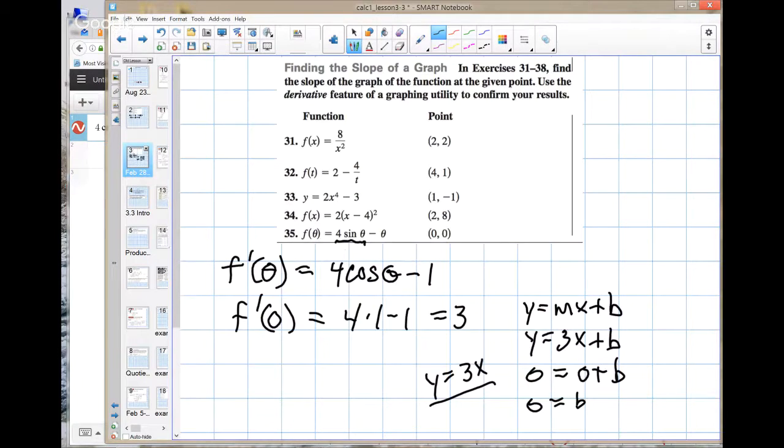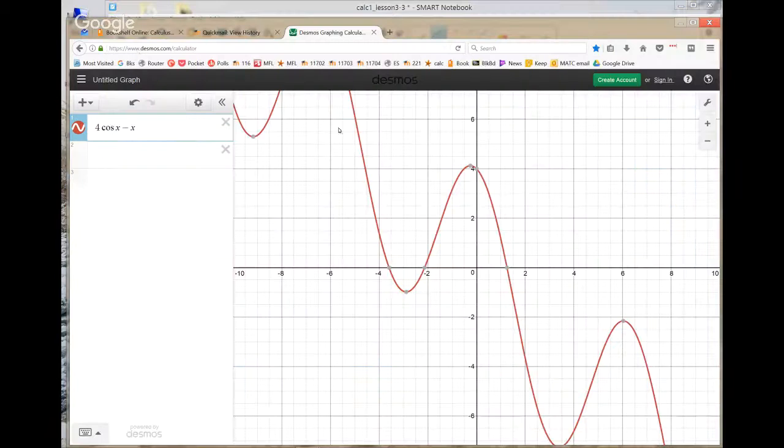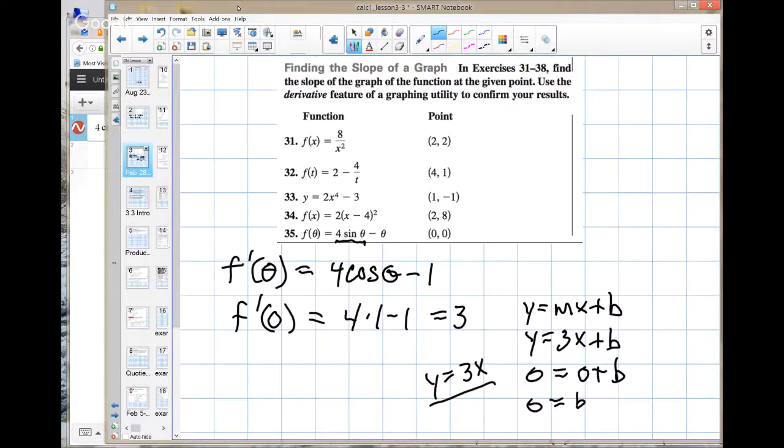But that doesn't seem to match because if we look at our graph, it appears it's got a negative slope. So I'm trying to figure out what did I goof up on here. So y equals 4 sine theta minus theta, we took the derivative, 4 cosine theta minus 1.